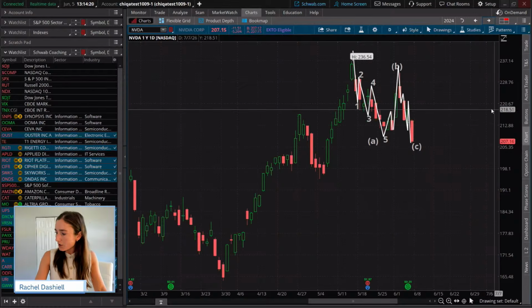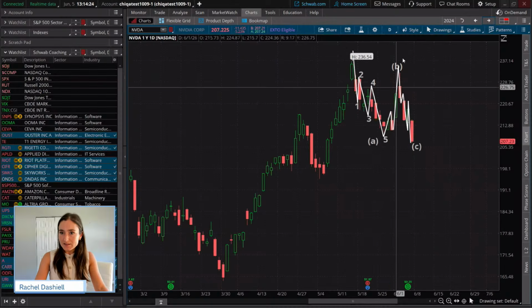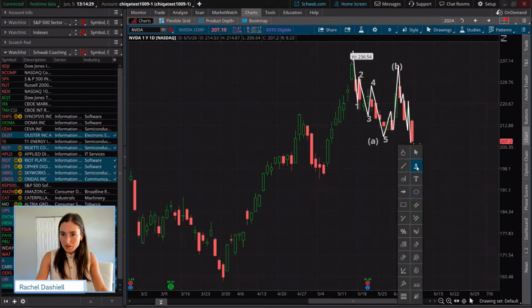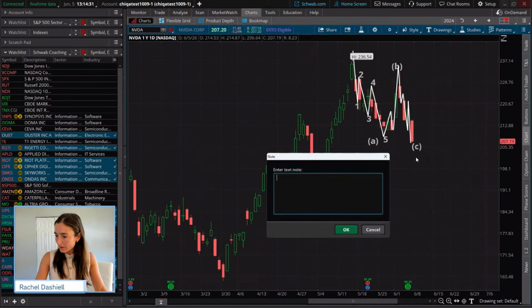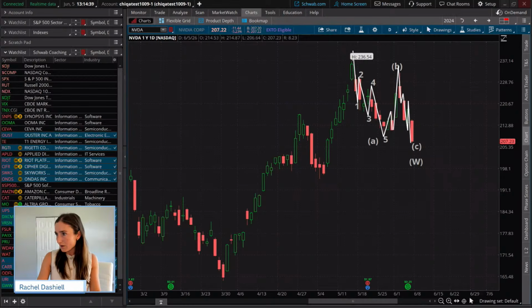Essentially, with a double zigzag, you would still label this as ABC, but this move right here becomes labeled as a larger W, because that's the larger wave. And then I'm going to draw what this could be if the corrective wave is still occurring. So this could be another 3 that connects the zigzag.